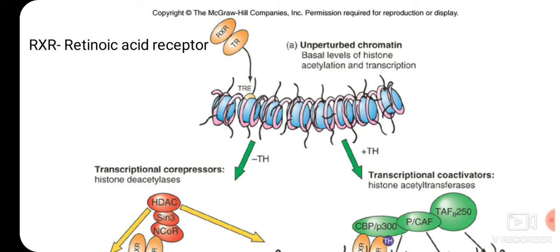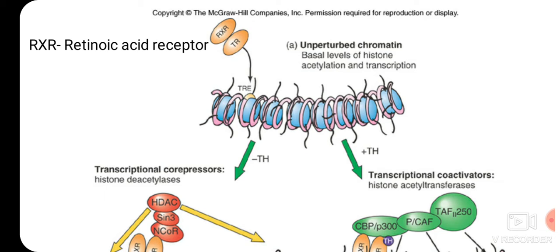These thyroid hormone response element regions are covered with nucleosome structures, and the presence and absence of the thyroid hormones plays a very important role in the activation or inactivation of these thyroid hormone response genes.